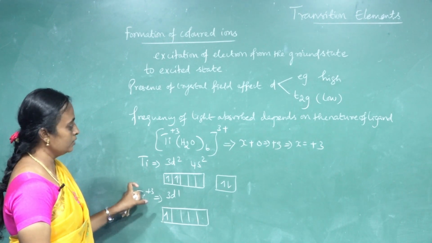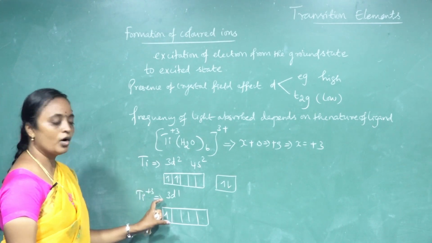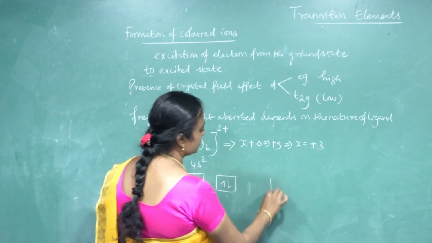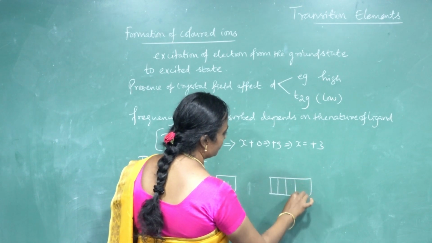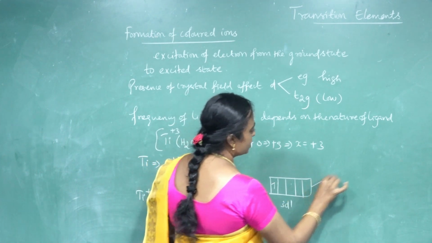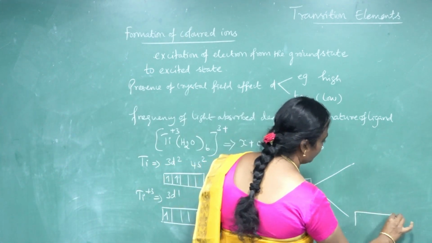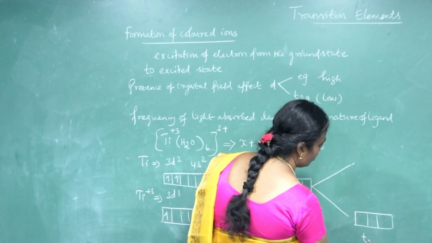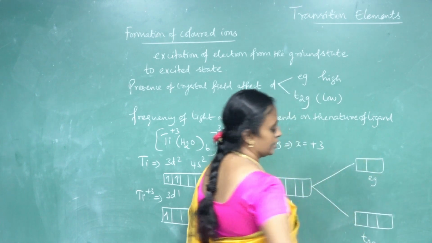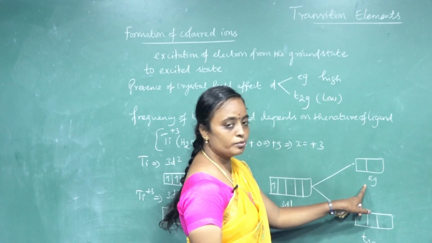In the presence of the crystal field effect, this titanium 3d1 orbital splits into two energy levels: one is the t2g orbital, lower energy, and the other is the eg orbital, higher energy.